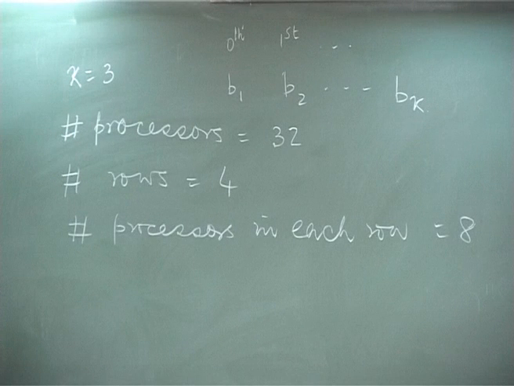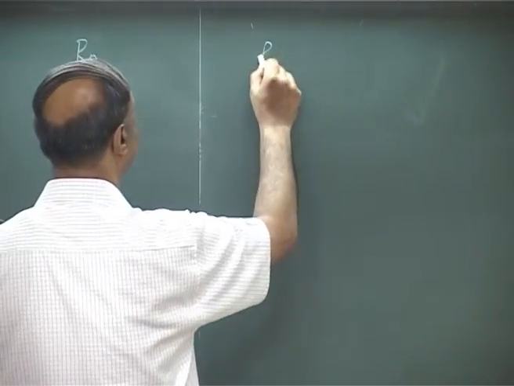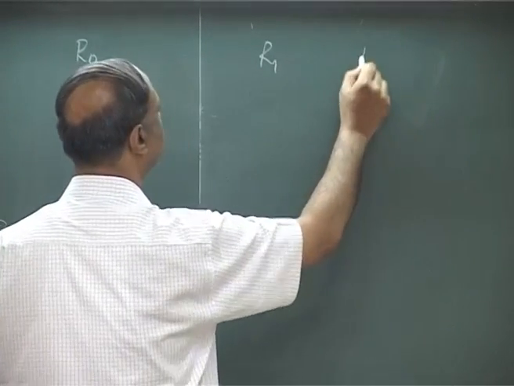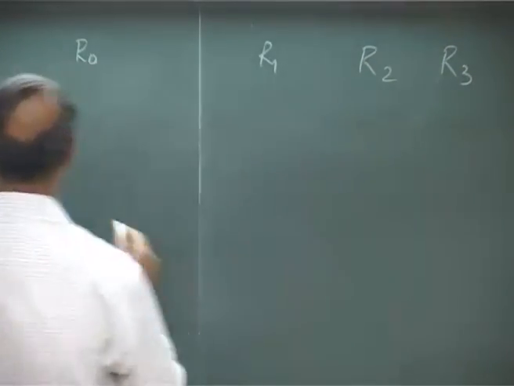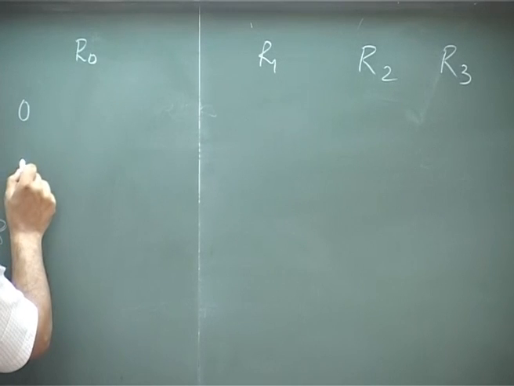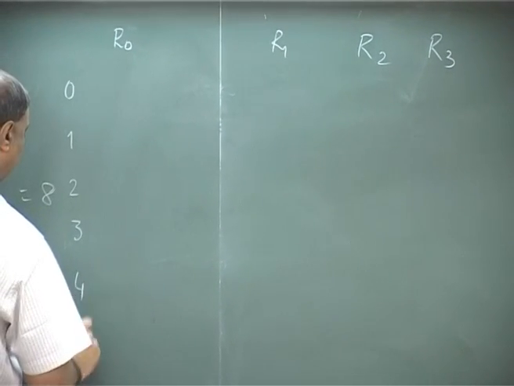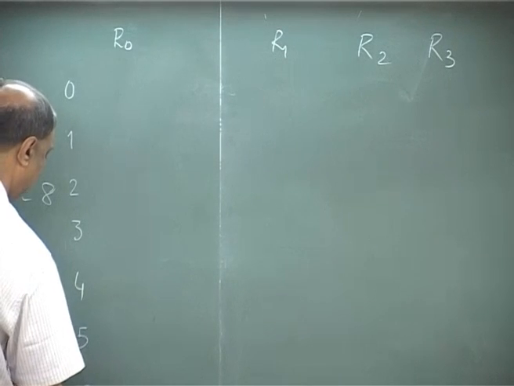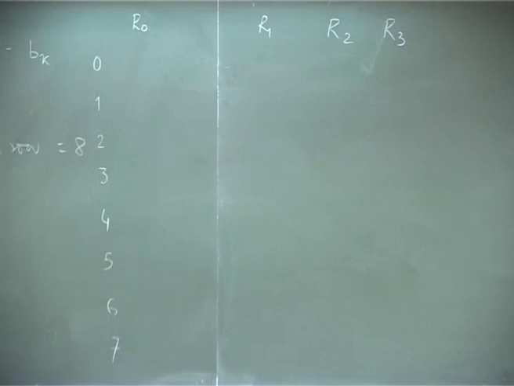So let us assume that you have row 0, row 1, row 2, and then row 3. You have processors 0, 1, 2, 3, 4, 5, 6, 7.